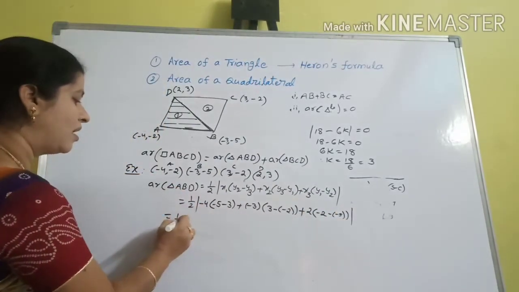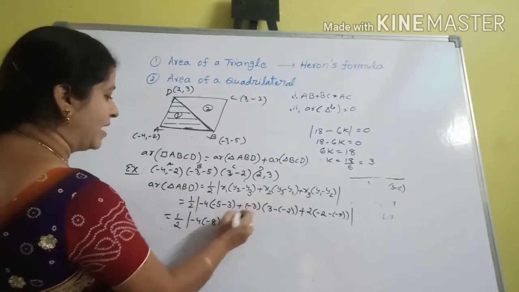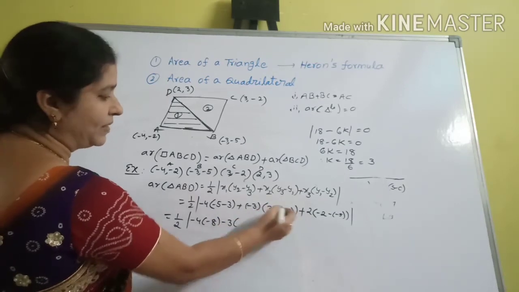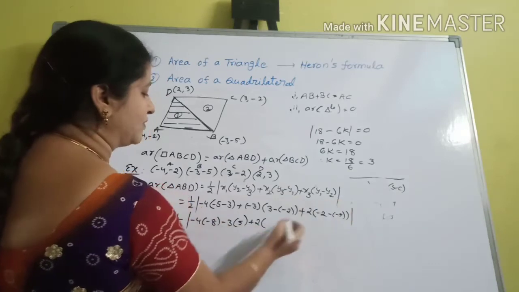So here half modulus of -8 -3 into 3 plus 2 5 plus 2 into -2 plus 5 3.